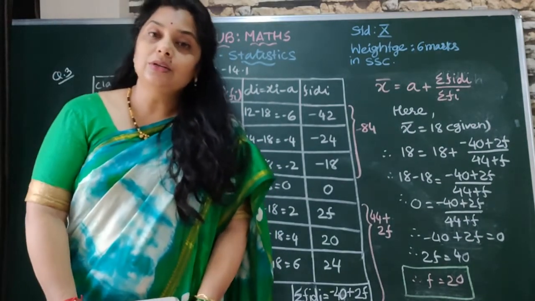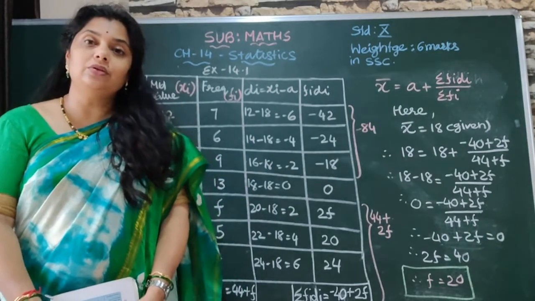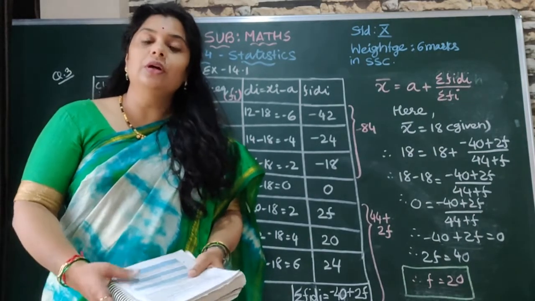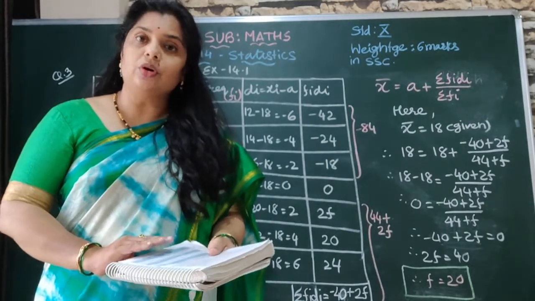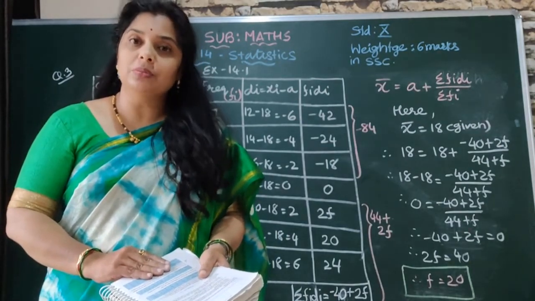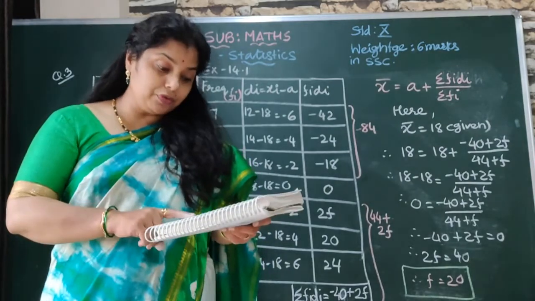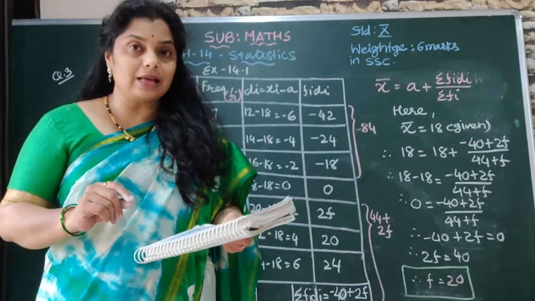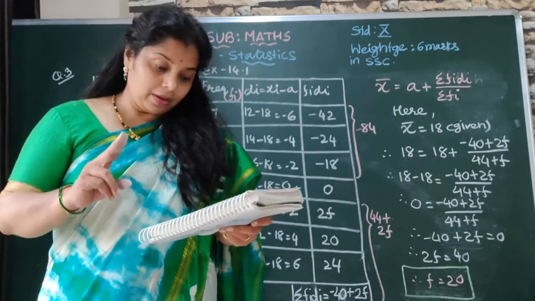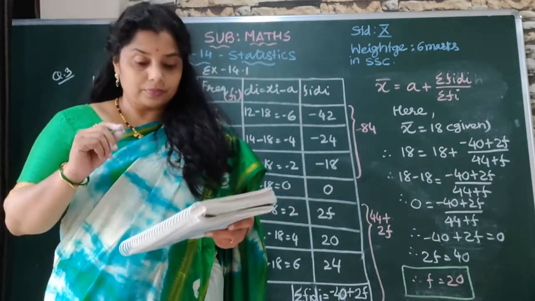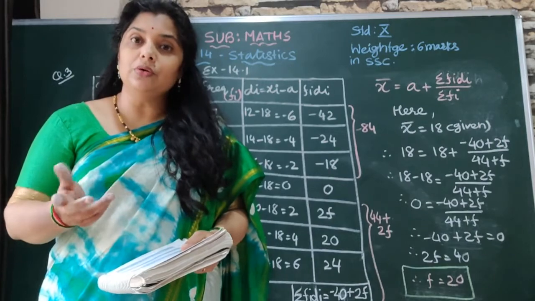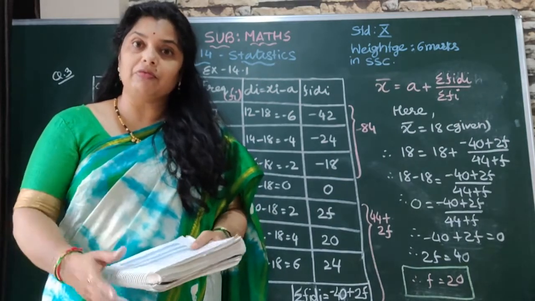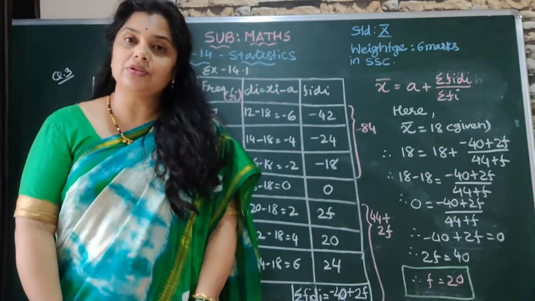As I told you earlier, I will show you the assumed mean method. I have solved this question by the assumed mean method. Otherwise, if you see, the class length is the same, so you can get the value of small f by using the step deviation method also.